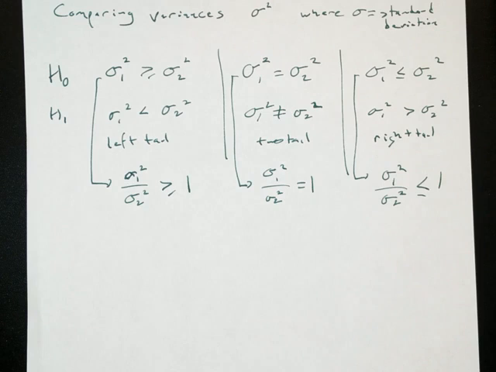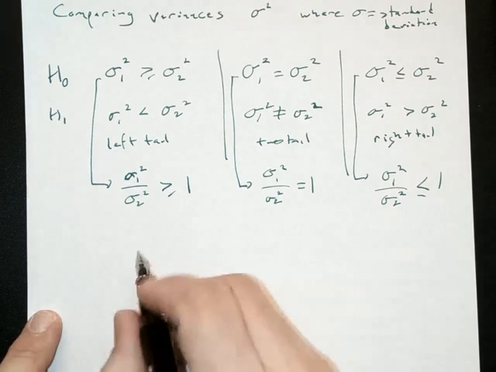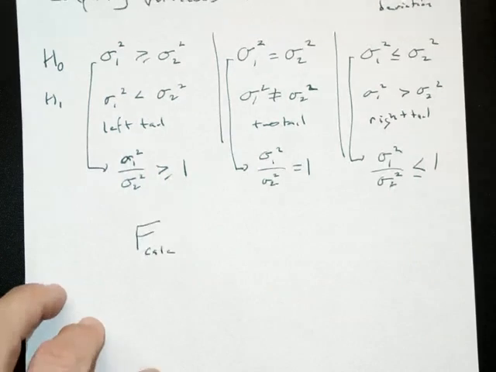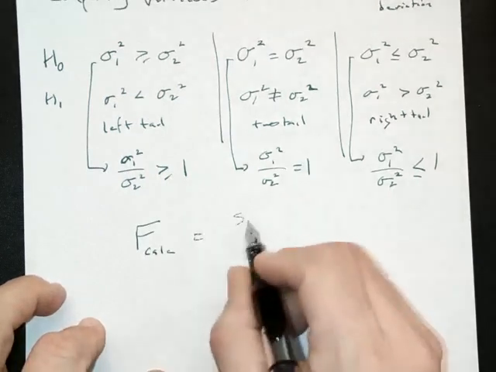He came up with a new picture. And he said, I want to use this. And since it was Ronald Fisher, we call it the F distribution. And we calculate an F statistic. An F calculation is S1 squared over S2 squared.